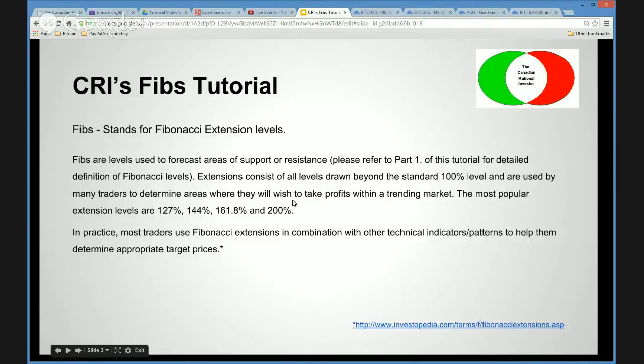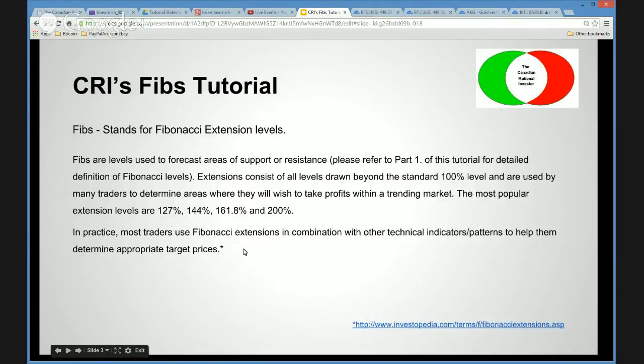So the important thing here is that it's not necessarily an area where we're going to initiate a new trade. It's areas where we are thinking about getting out and cashing our profits in. The most popular extension levels are 127, 144, 161.8, and 200%. And we'll take a look at those numbers specifically in a bit.